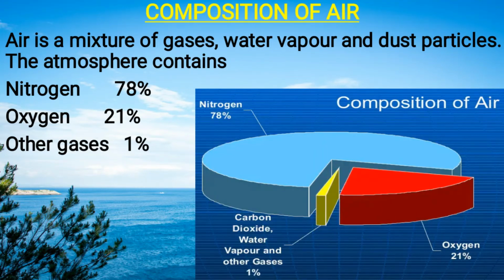Neon gas is filled in neon lights. You can see the composition of the air in this picture, detailing nitrogen 78%, oxygen 21%, and other gases like carbon dioxide, helium, argon, neon, all 1%.